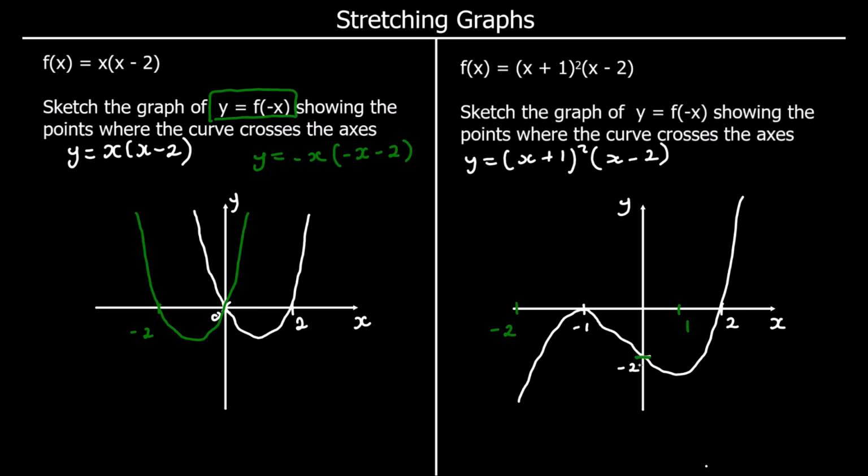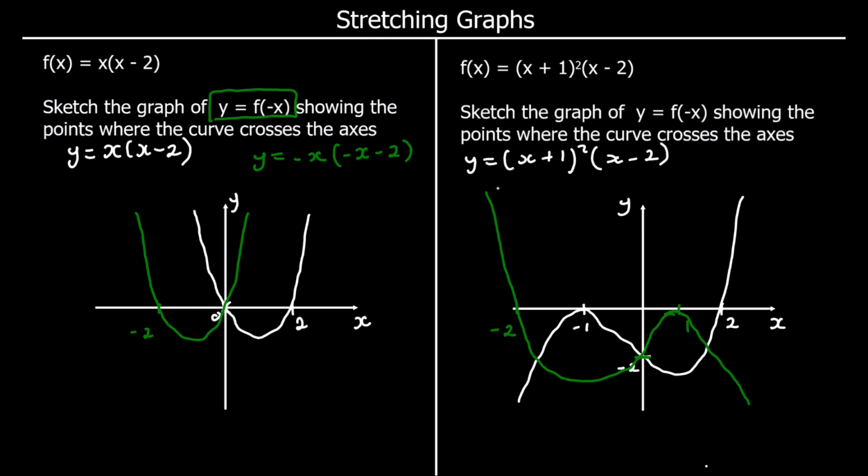Y stays the same. So it's a reflection. So just imagine it flipped over. So it came up on this side, touched at the 1, that's the repeated root, went back down, and then up through 2. So it should look like a reflection.